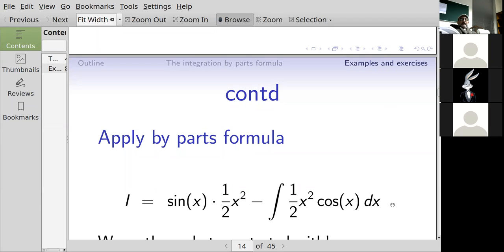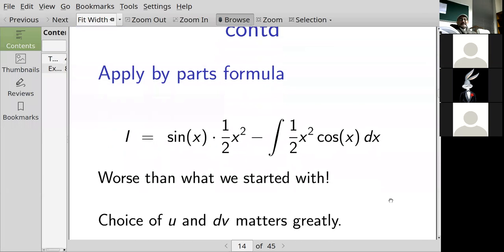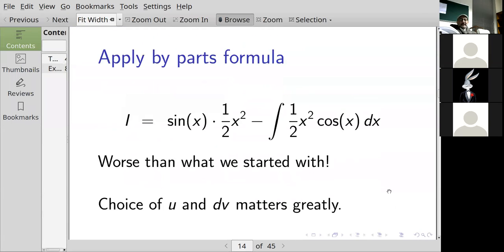Now, this formula is perfectly true. There's nothing wrong with this, except that it doesn't help us. It's worse than what we started with. Before we had a monomial times sine of x, and now we have to integrate a binomial times cos of x. So we're not getting any closer to an answer if we make this choice.